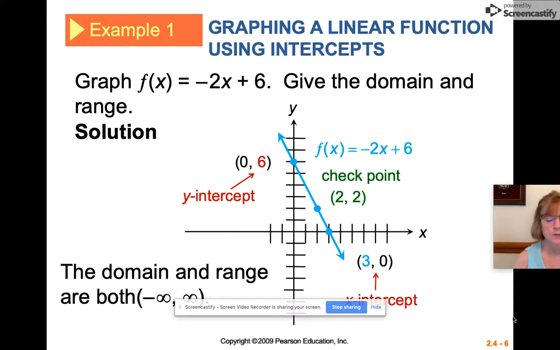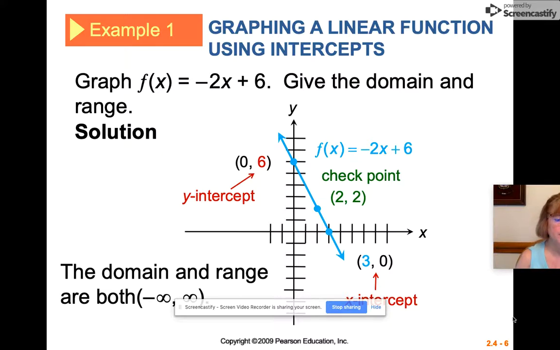The slope is negative 2, which as a rise over run value would be negative 2 over 1. So a rise of negative 2, or down 2, and a run of 1, or go right 1. So if we start at 6 and go down 2 to the right 1, then we find however many points we want to connect the dots and draw our line.